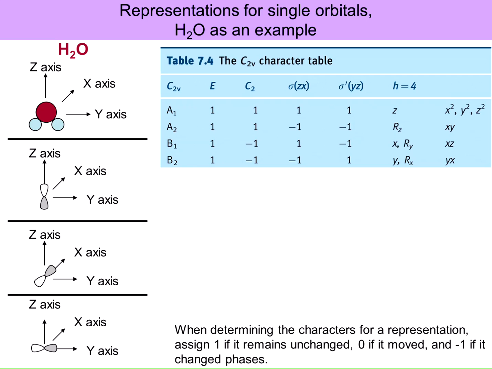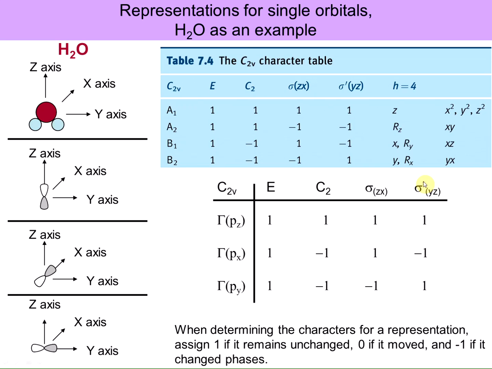So the oxygen forms its own subset within the water molecule. Now the nice thing about the oxygen is that it's on the principal rotation axis. So that makes our assignment of the irreducible representations a little bit easier. So this is where we can also use this other information on the character table.